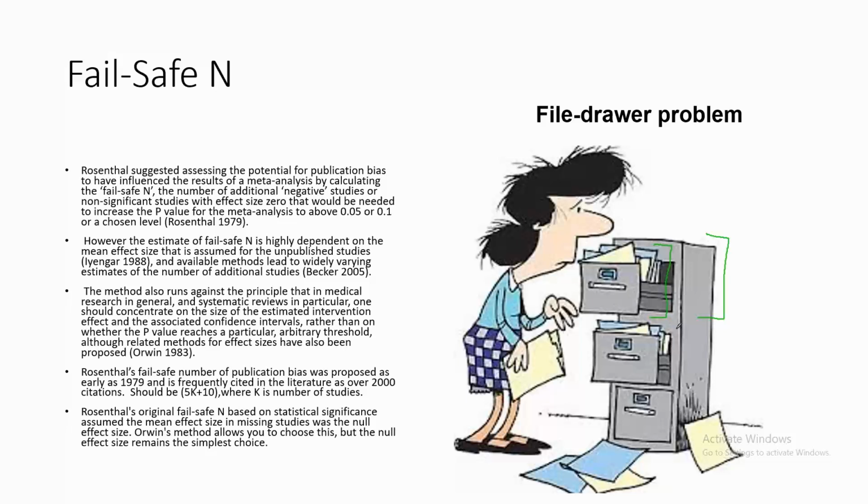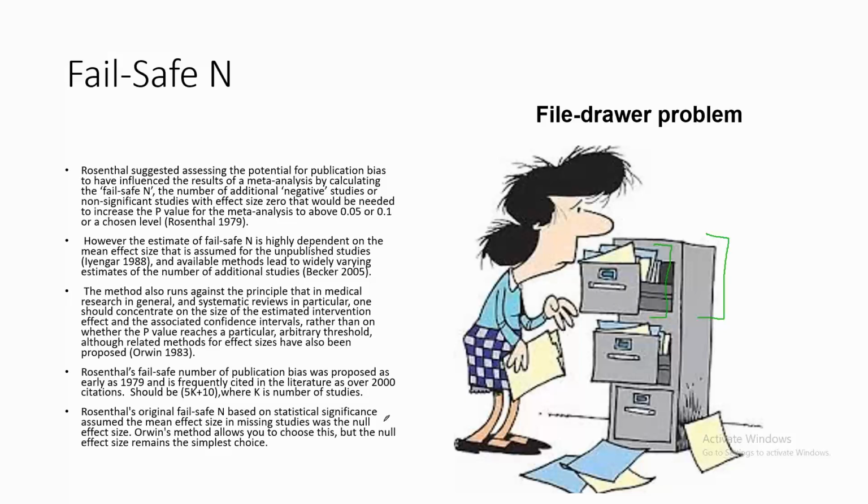So what the fail-safe N test does is it pulls out from that closed drawer. What does the closed drawer have? The closed drawer has insignificant studies which you left out, which you did not take in your meta-analysis. So what does the fail-safe N test do? Based on the same input, when we go to Meta-Essentials, the input will be the same: the same correlation, the same sample size, the same everything.